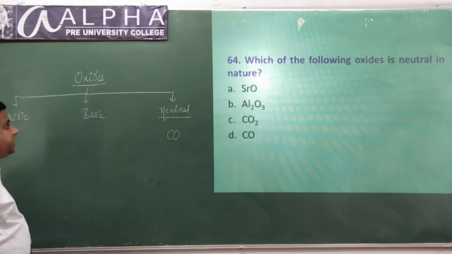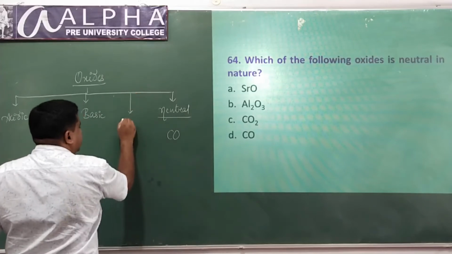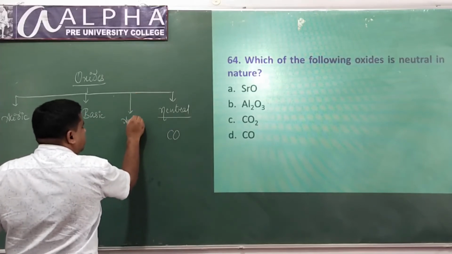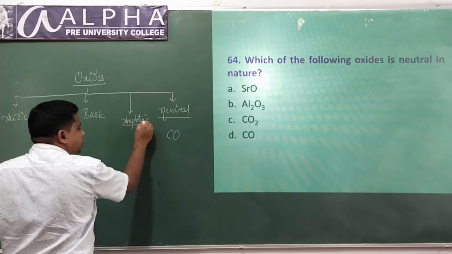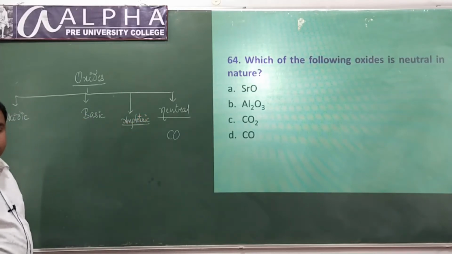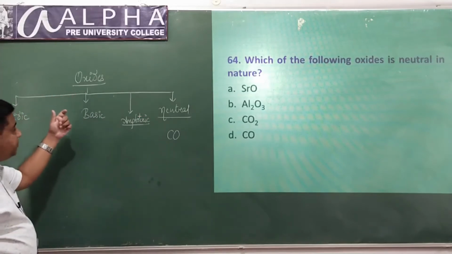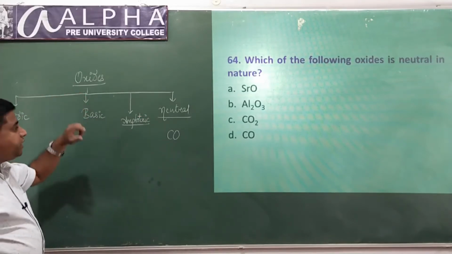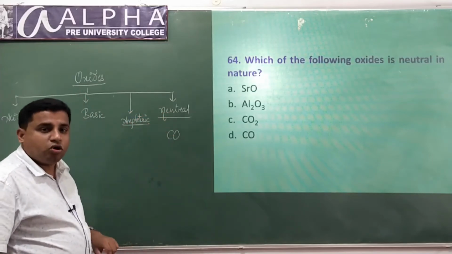Carbon monoxide is a neutral oxide. The oxides can also be amphoteric in nature. What do you mean by amphoteric? That which behaves both as an acid as well as a base. So we can have acidic oxides, basic oxides, amphoteric oxides and neutral oxide. The oxide that is neutral is carbon monoxide.